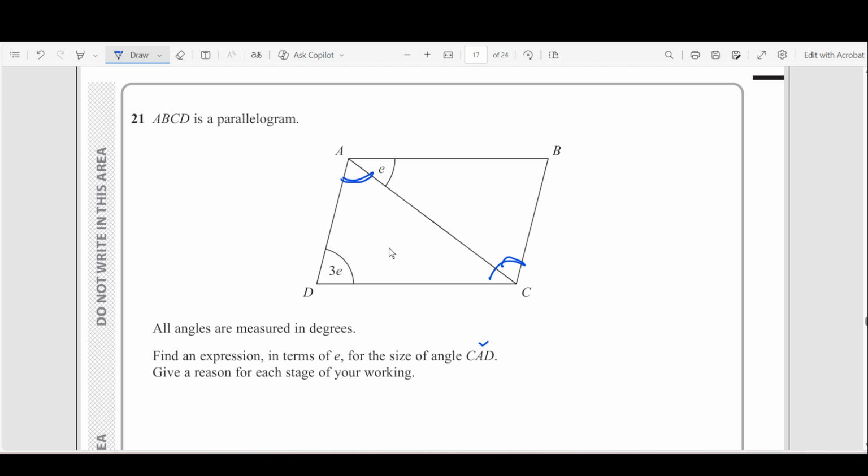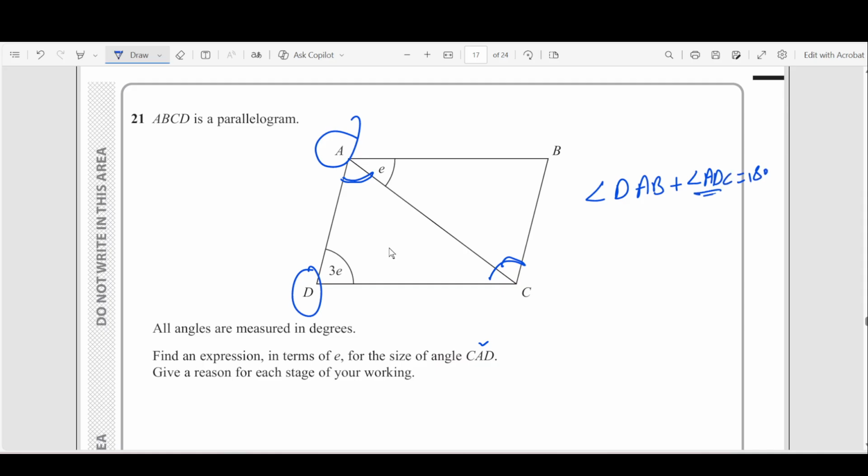So basically what we can write is that DAB and ADC, the sum of these two angles is going to be 180, because in a parallelogram the adjacent angle sum is 180. So this plus this is 180 degrees. So I can write angle DAB plus angle ADC is equal to 180.